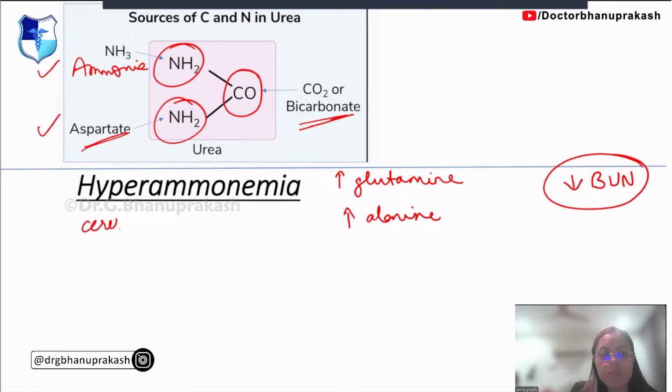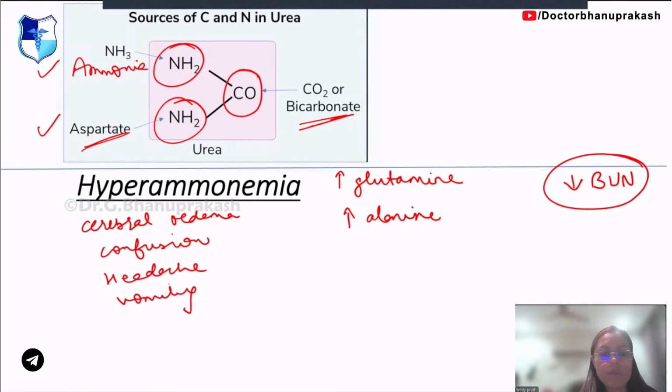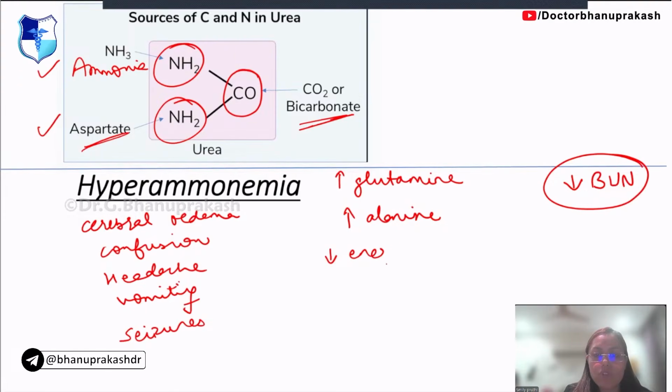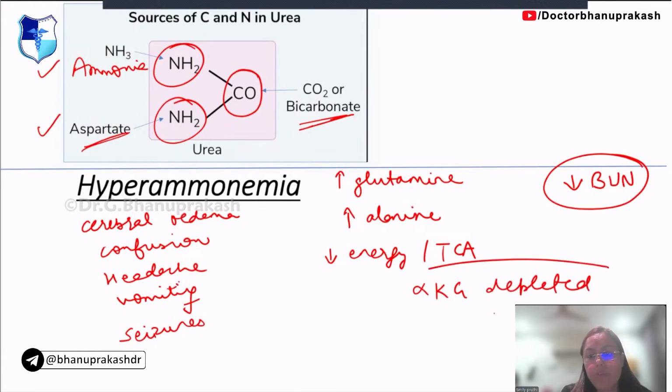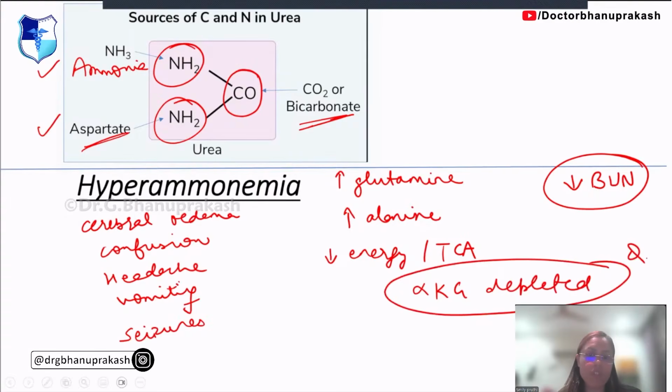Patient has cerebral edema, confusion, headache, vomiting, seizures or fine tremors, and decreased energy because the TCA cycle is affected. Alpha ketoglutarate of the TCA cycle is depleted. Frequently asked: which TCA intermediate is depleted in hyperammonemia? That is alpha ketoglutarate. Okay.